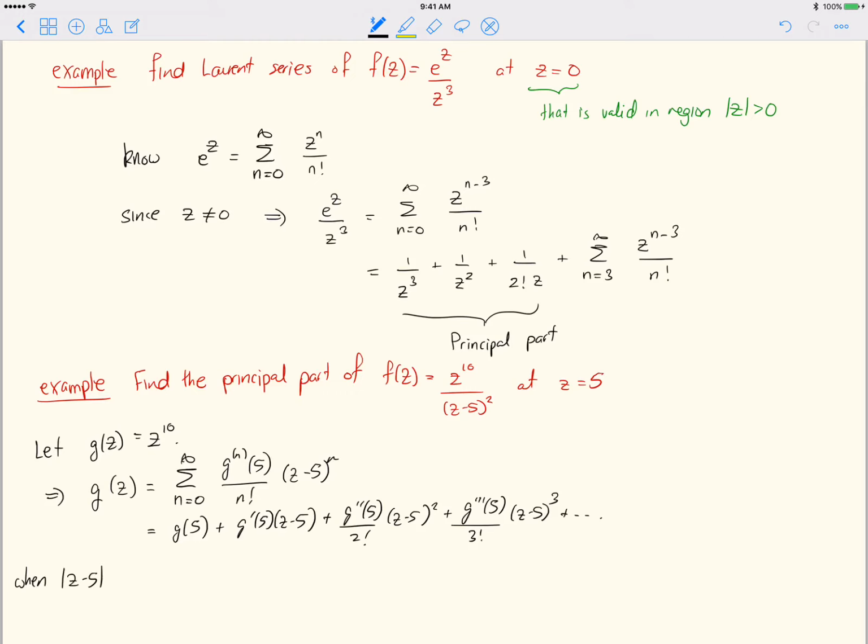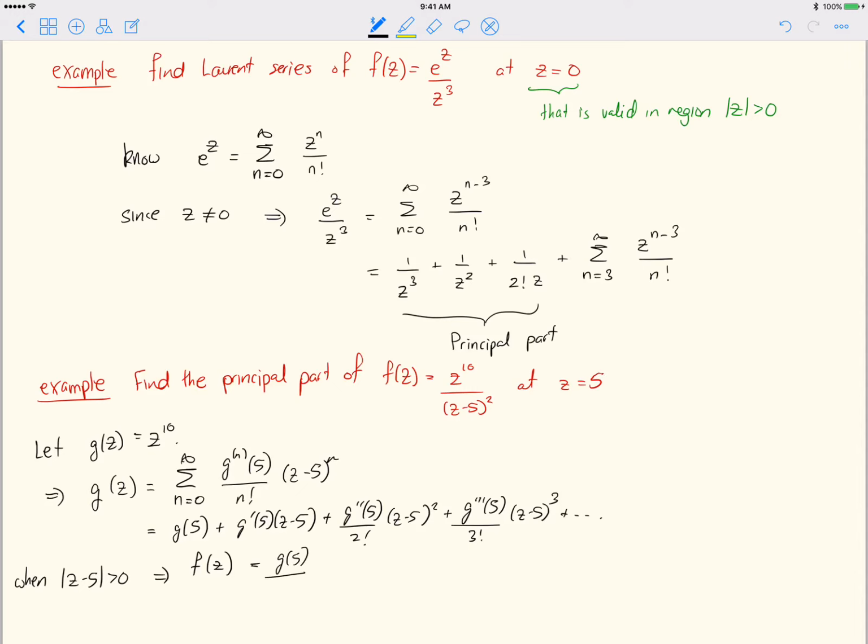Now, when modulus of z minus 5 is greater than 0, or in other words, when z doesn't equal 5, I can divide through by z minus 5, right? And if I divide g by z minus 5, I should say z minus 5 squared actually. When I divide g by z minus 5 squared, I get exactly f of z, right? So if I divide by z minus 5 squared, the left becomes f of z. Now the right, let's have a look.